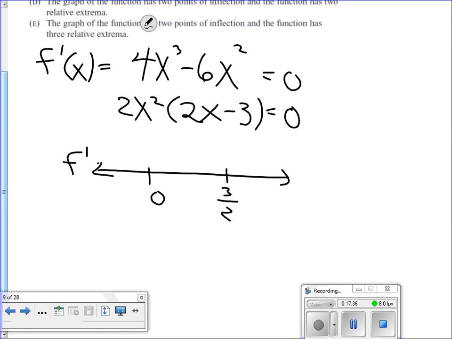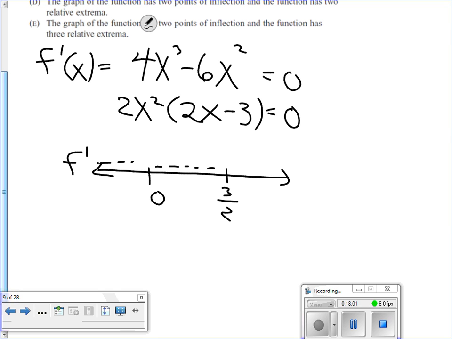When you're plugging in values, you plug into the factored form. And 2x squared is always positive. 2 is always positive, x squared is always positive. So you just have to see if this factor is positive or negative. Say you take a negative number, 2 times negative 50, negative 100 minus 3, that's negative, right? Like 1. Again, that's always positive. 2 times 1 minus 3, that's negative.